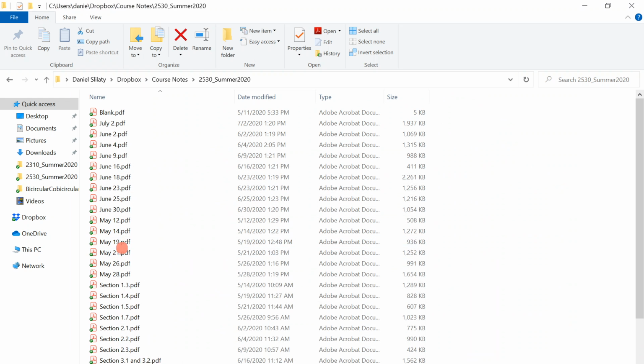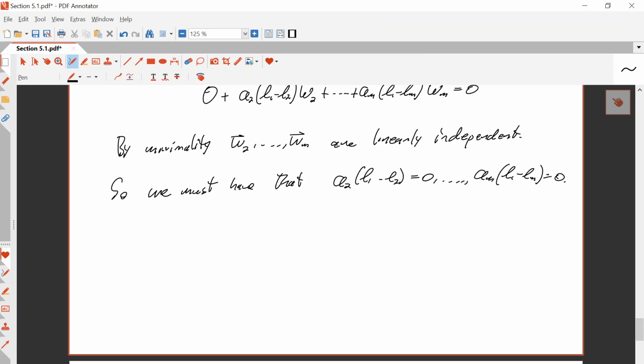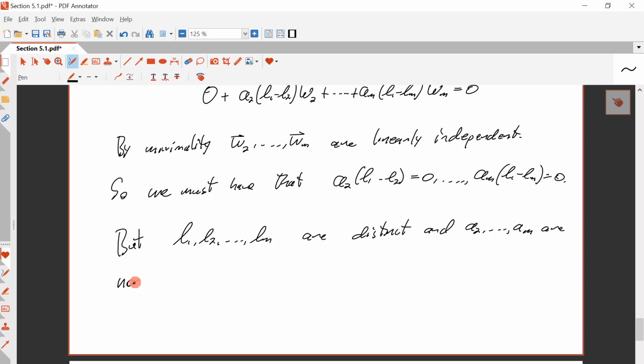But, come on. Right, L1, L2 through LM are distinct. And A2 through AM are non-zero.